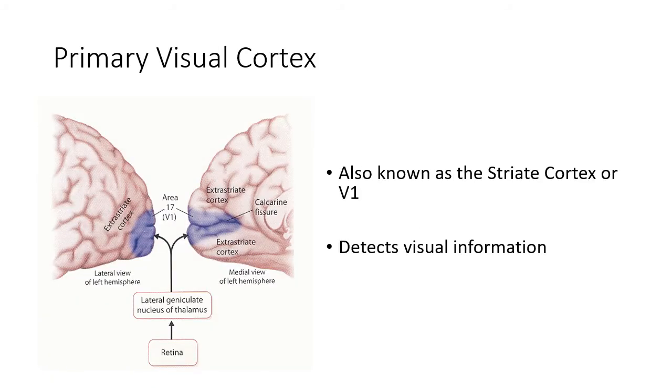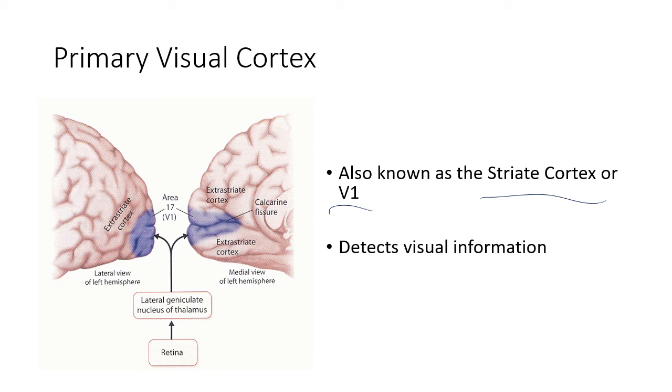After it gets through the LGN, it goes to the primary visual cortex, also known as the striate cortex or V1. The striate cortex is basically the one that's going to be responsible for the major visual information.